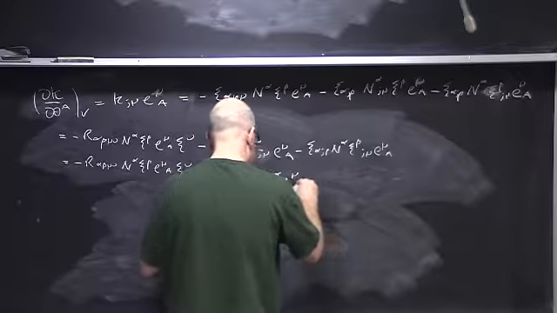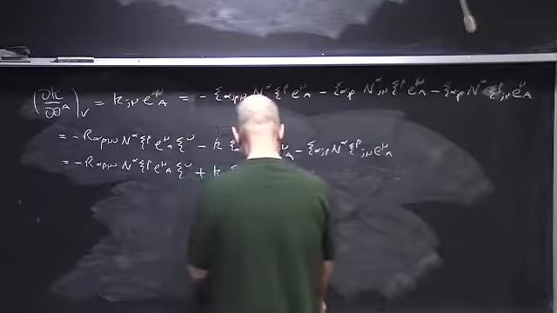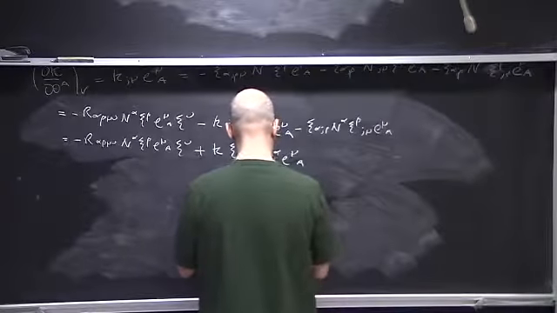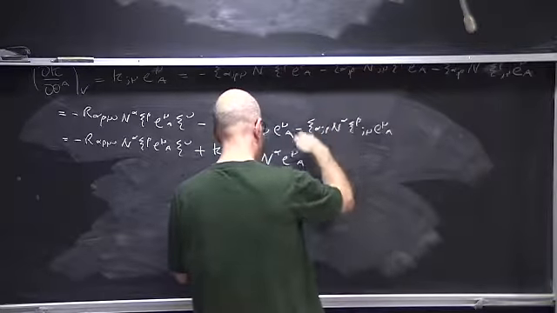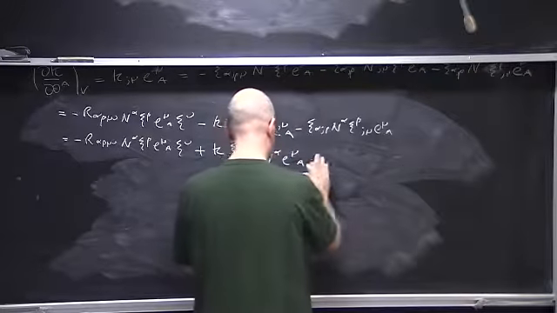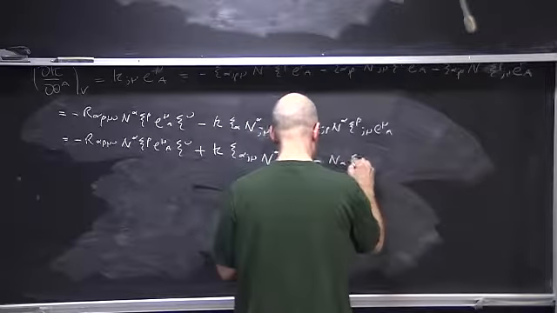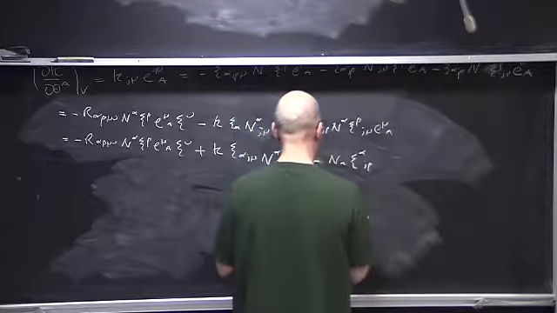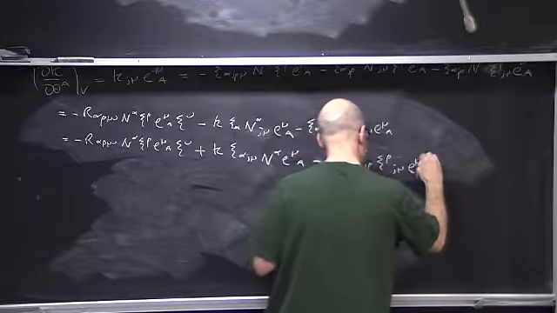And then I want to leave that last one alone, so I'm going to rewrite it as n c differentiated, c differentiated again, times the transverse vector.